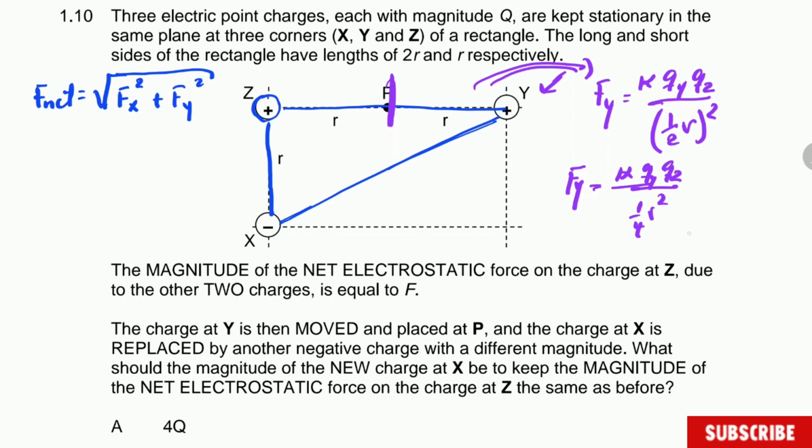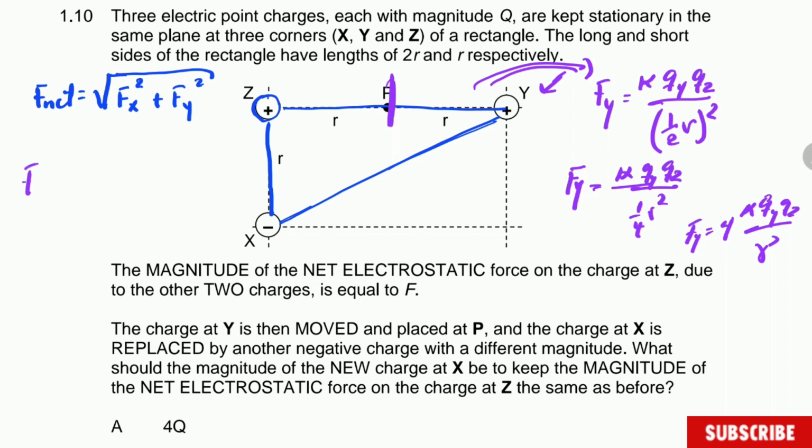Let's fix. I'm trying to fix this. Force Y is equal to 4k qy qz divided by distance squared. The meaning here is that the force due to Y increases 4 times.